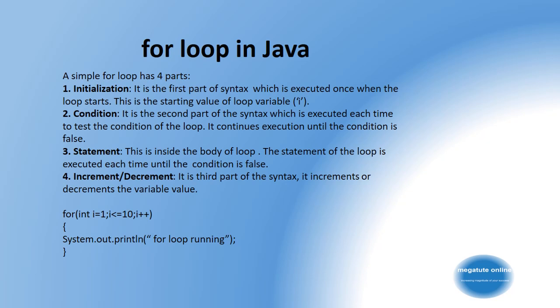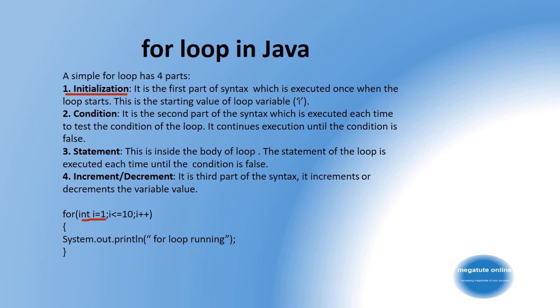Now we continue with the for loop. For loop, basically, as I told you, the syntax has three parts, right? But other than the three parts, there's one more part, which is the content of the loop. So if we go systematically, the first part is initialization. It is the first part of the syntax which is executed once when the loop starts, that is I equals to 1. This is the first part.